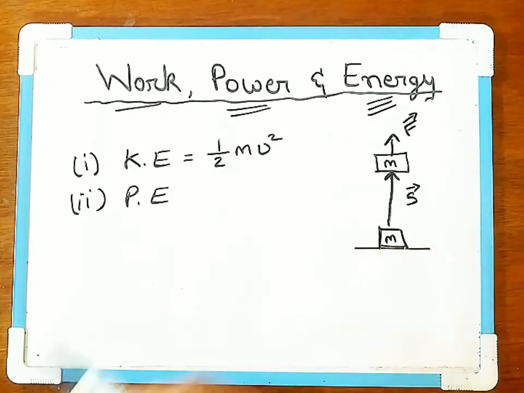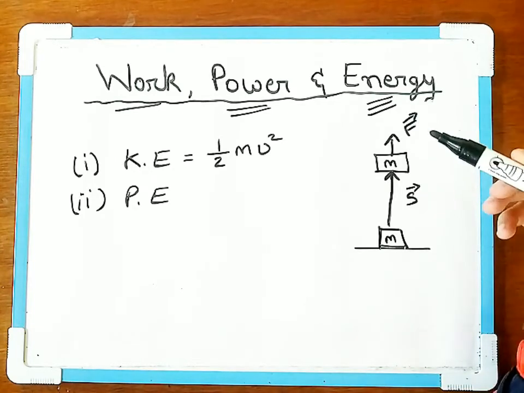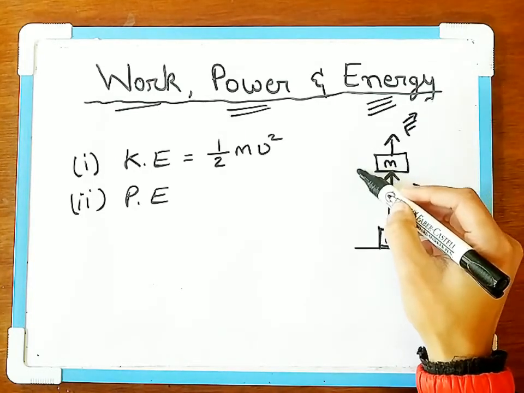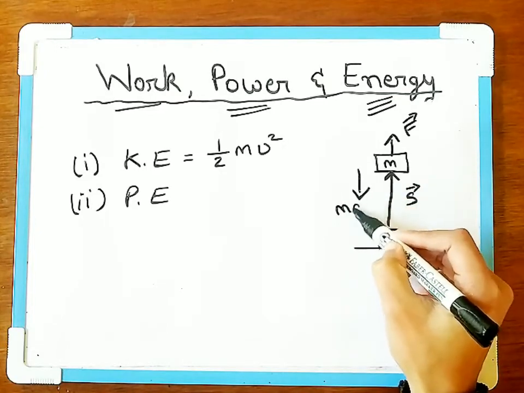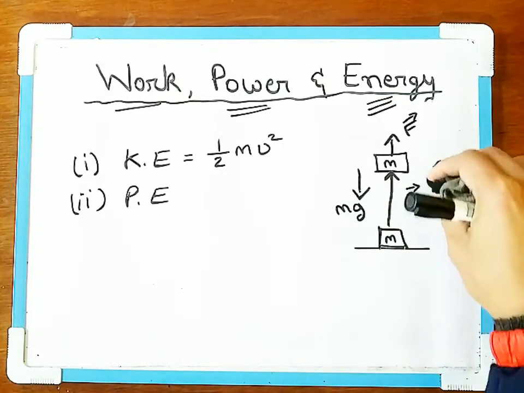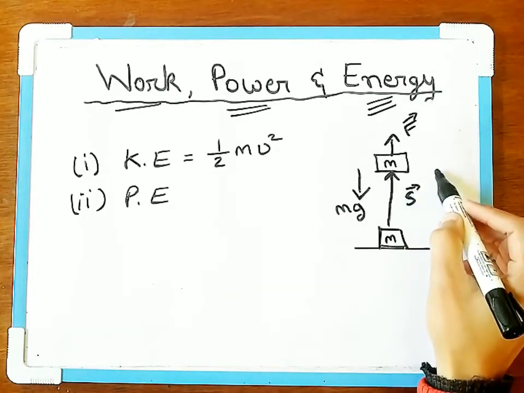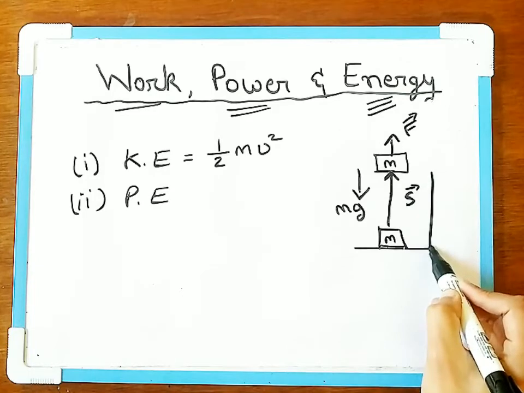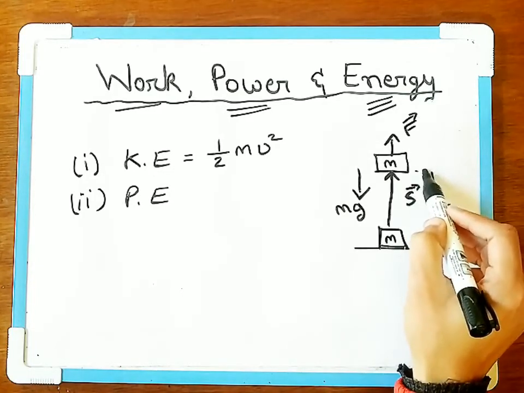So this potential energy arises if work has to be done against an opposing force. Here the force you applied is in this direction. There is an opposing force, which is the gravitational force, and that is downwards. Suppose the magnitude of the displacement s is given by h, the height from the ground to this position.